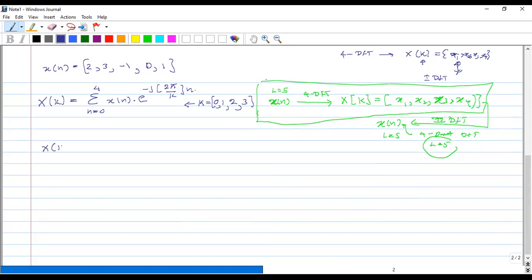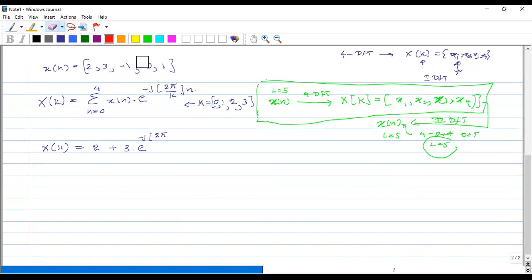So if I write this X[k], we have x[0], which is 2, times e to the power minus j 2π by 5 k n, with n being 0. So e to the power 0 is 1 here, so I directly write it as 2 into 1, again 2. Plus x[1], which is 3, times e to the power minus j 2π by 5 k n.